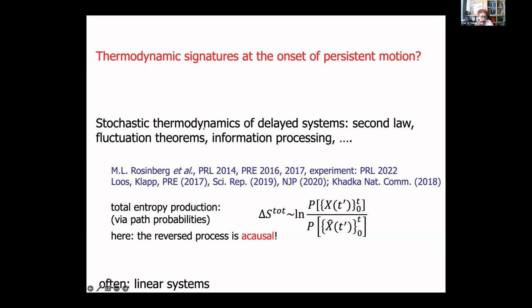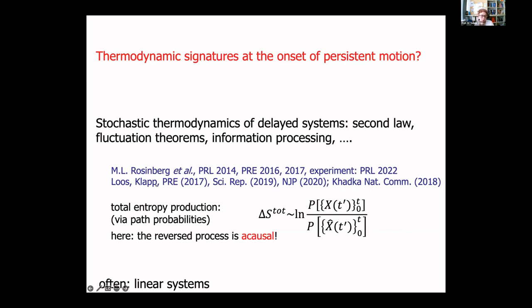And of course, there is very substantial fundamental work on the stochastic thermodynamics of these time-delayed systems. People have looked at things like the second law and fluctuation theorems. There's lots of work of Martin Rosenberg, particularly on underdamped systems and on the question of how you define the total entropy production in these systems.